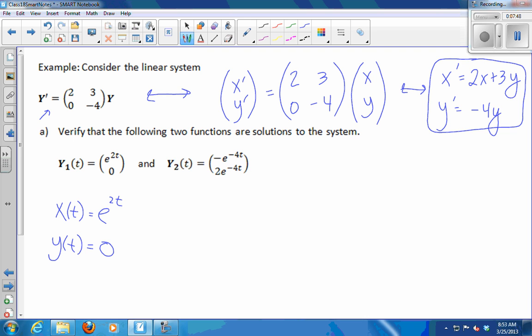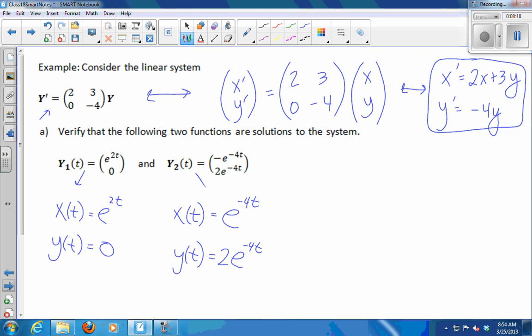And then we have another set of solutions that also make that system true, because we know for any differential equation or system of differential equations, there's infinitely many solutions. We happened to have found two by using one of our analytic techniques, because those two equations are partially decoupled.